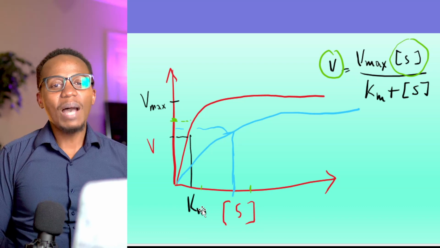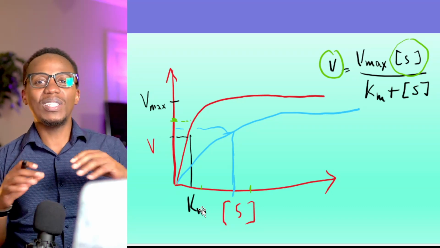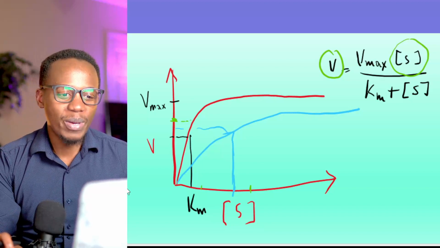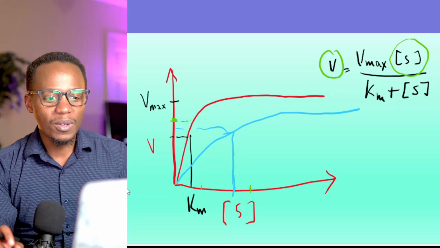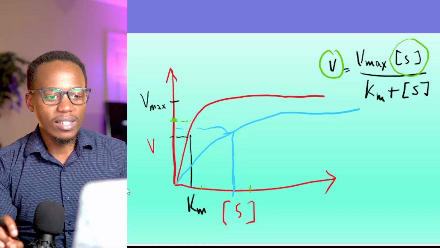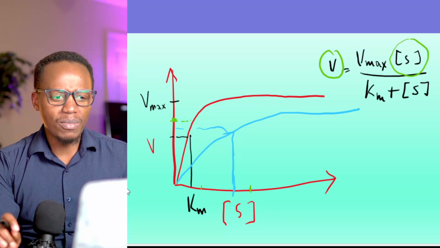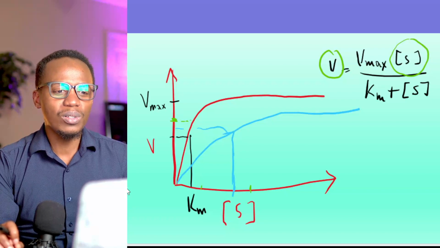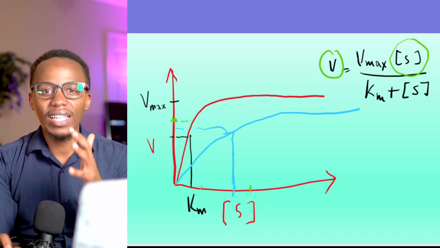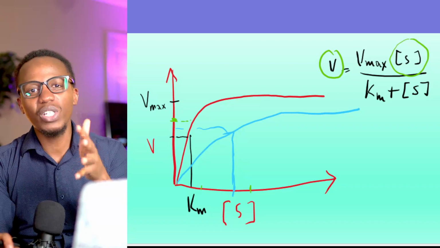Okay, I'm gonna have to write down this trick question because it's tricking me. Basically, it's asking what is V when S is equal to Km, and V is going to be equal to Vmax over 2. Yes, that's exactly it.